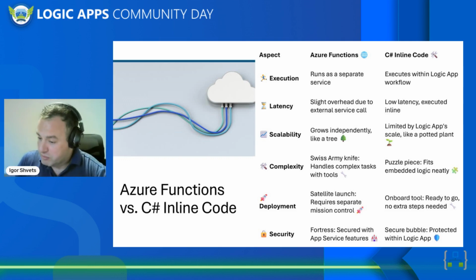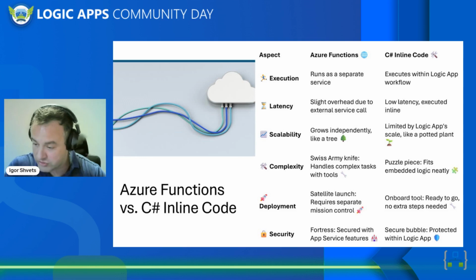A very important point is deployment. The deployment of an Azure Function is like a satellite launch. It requires a separate mission control, so you need to host your Azure Function separately and handle it separately. The inline code is an onboard tool, ready to go without extra steps. All you need to do is put it as a step in your Logic App, and you call it a day.